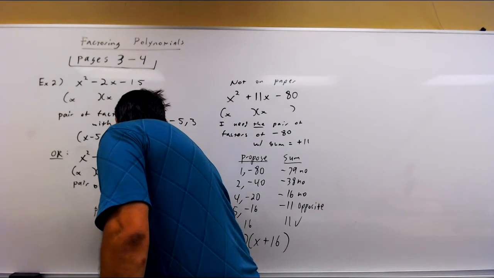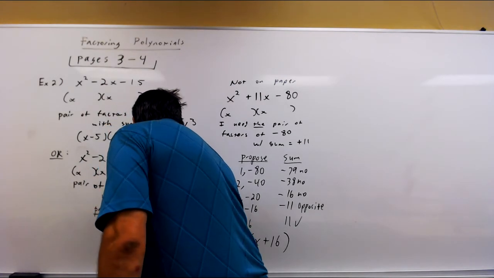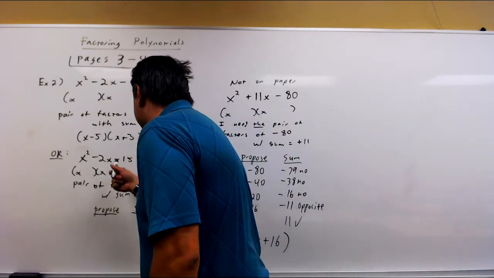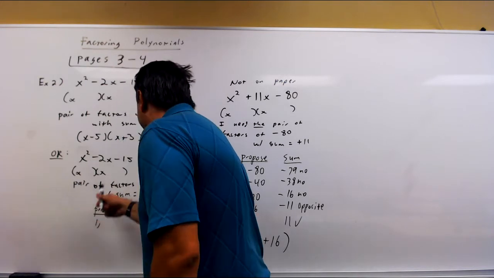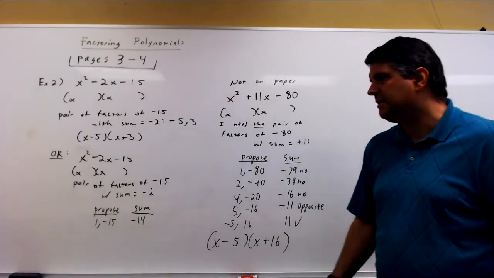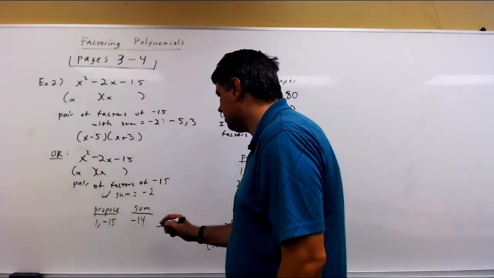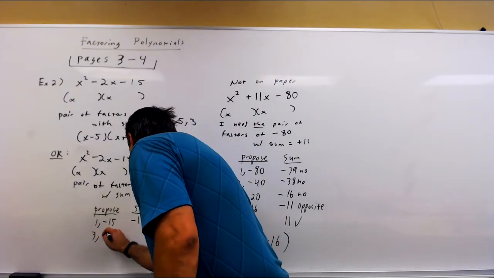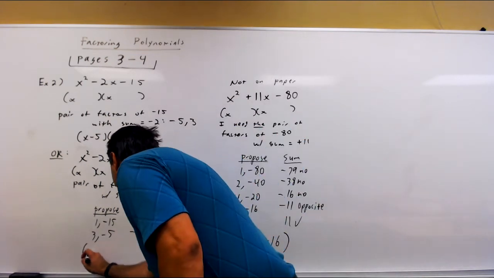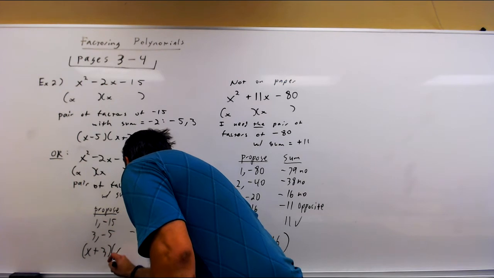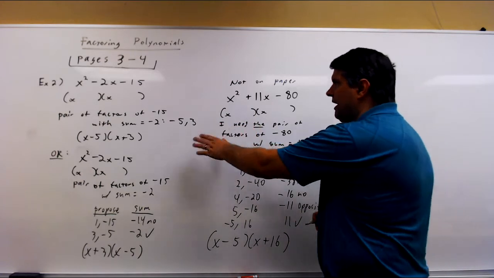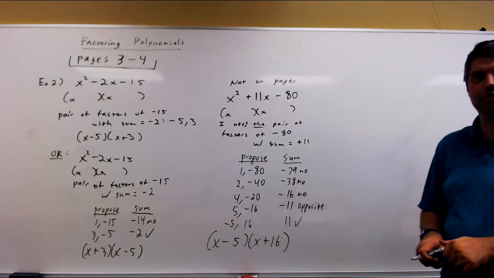Propose a sum. It's an integer, so we'll try 1. Negative 15 divided by 1 is negative 15. We get negative 14. That's not what we need. Now, it's not even, so we know 2 doesn't do it, but 3 does. So that was a no, that was a yes. So we have x plus 3, x minus 5. Okay? Again, you don't need to do the table if you recognize the pair of factors right away.